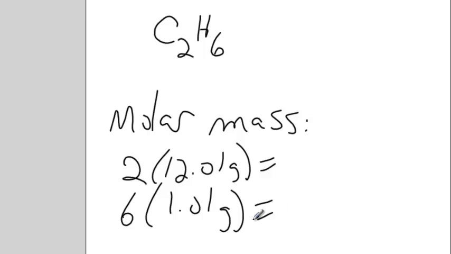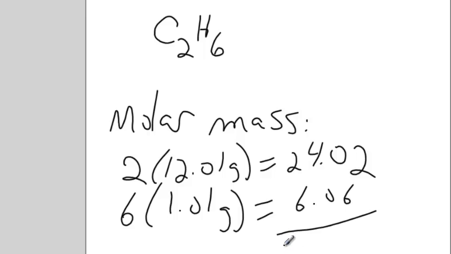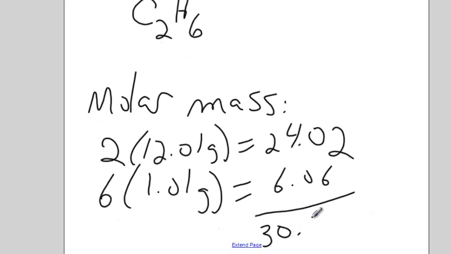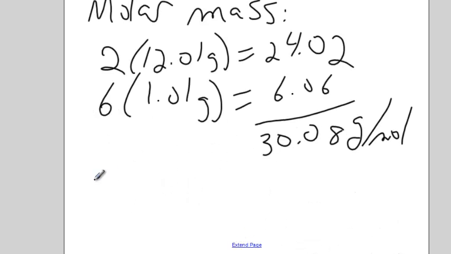So 2 times 12.01 is 24.02. 6 times 1.01 is 6.06. That's 30.08 is how many grams are in a mole for ethane. And then if I wanted to do my conversions, I could do the same thing. I could say I have 3.57 grams of ethane.